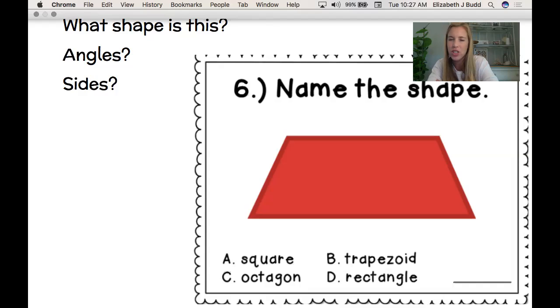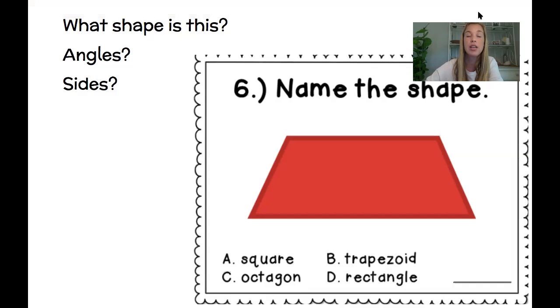Now, my question to you is, is this shape a quadrilateral? Yes or no? Okay, the answer is yes, because it has quad or 4 sides. 1, 2, 3, 4 sides. It is a quadrilateral.